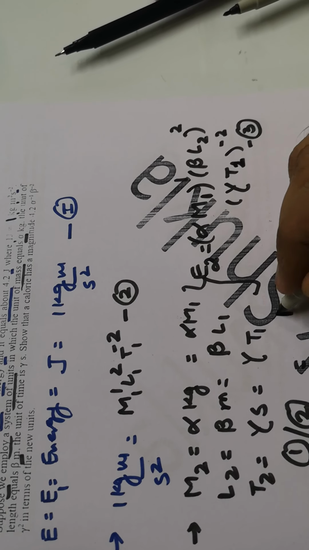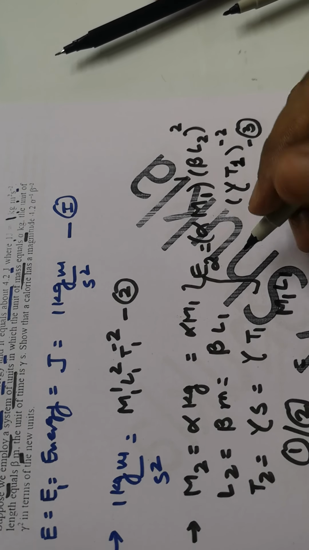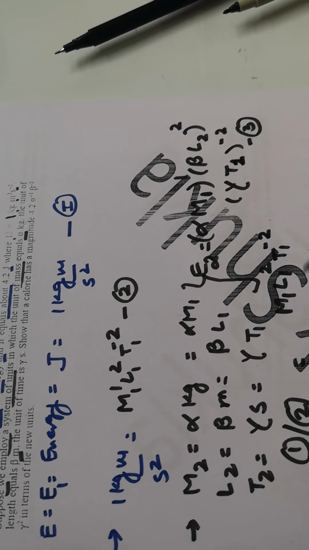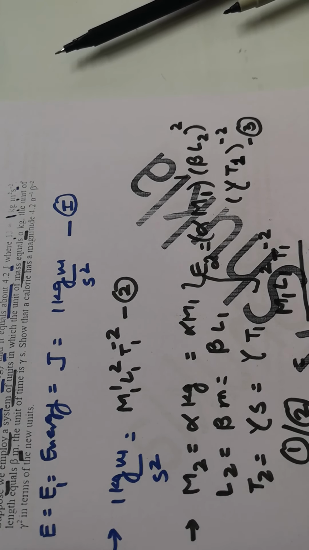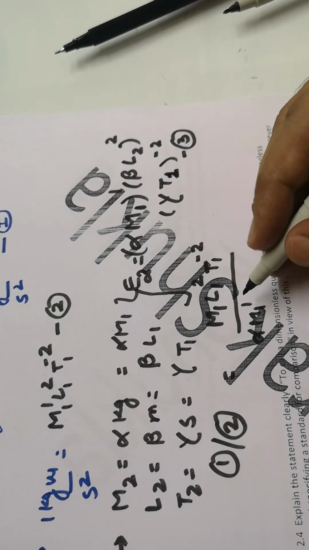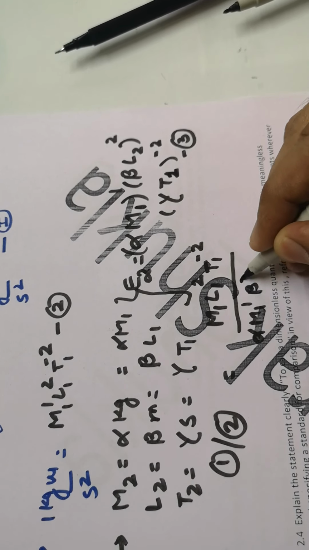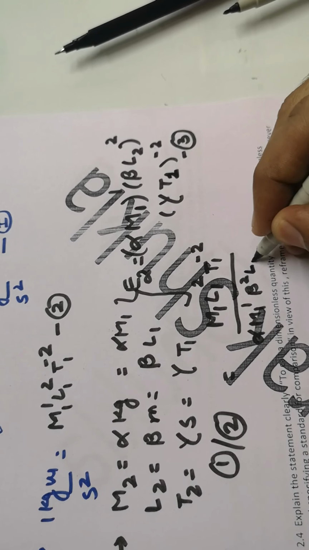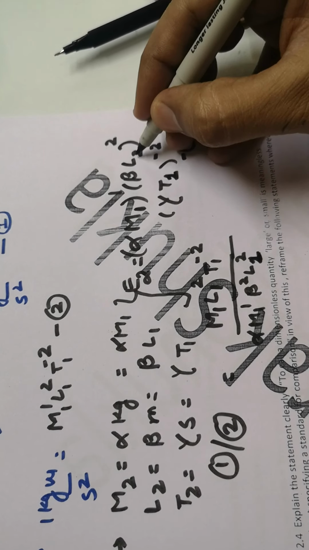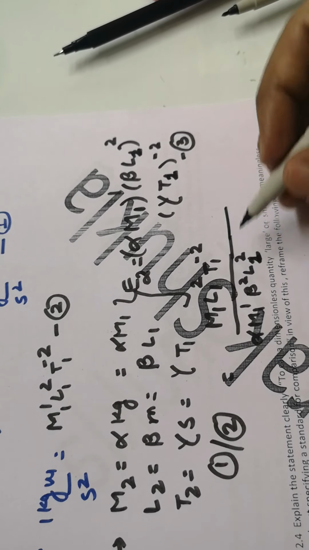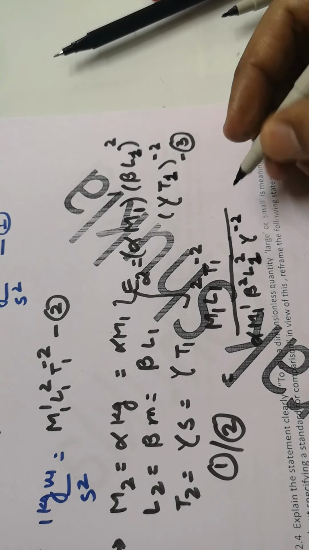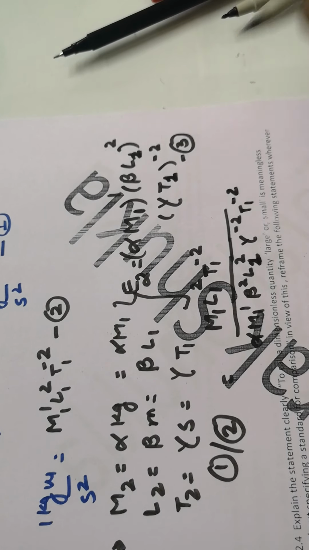So I can have M1 L1 raised to 2 and T1 raised to minus 2. Similarly, alpha M1 raised to 1, then beta square L1 raised to 2, and then gamma raised to minus 2, T1 raised to minus 2.